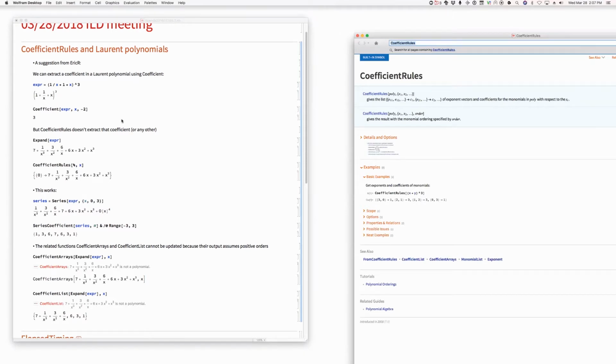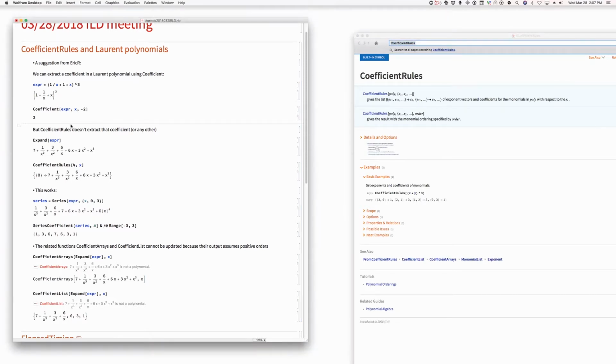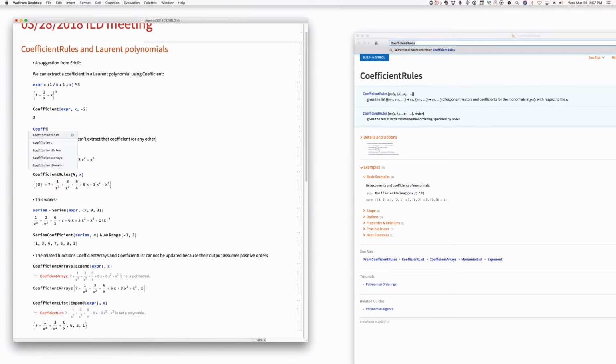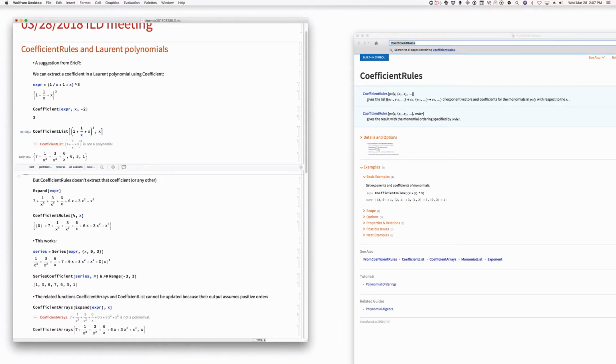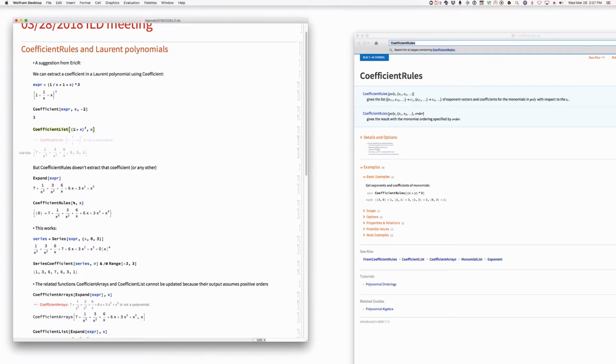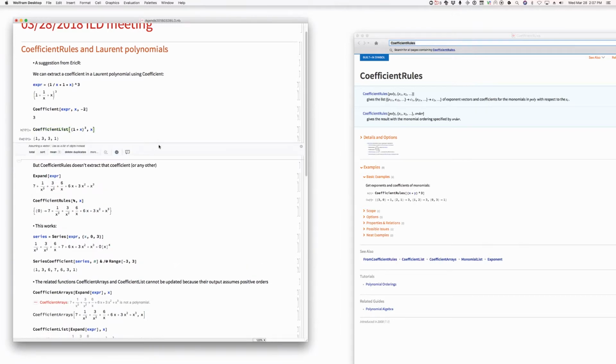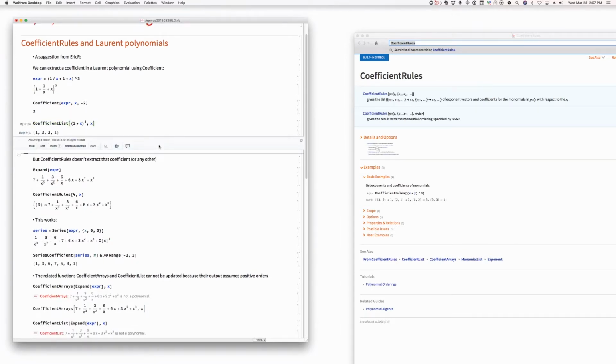So coefficient list itself, if I have that polynomial there, and I say coefficient list. Coefficient list is one function, this is discussed further down, that cannot handle negative powers because the output is the coefficients at power 0, 1, 2, 3.